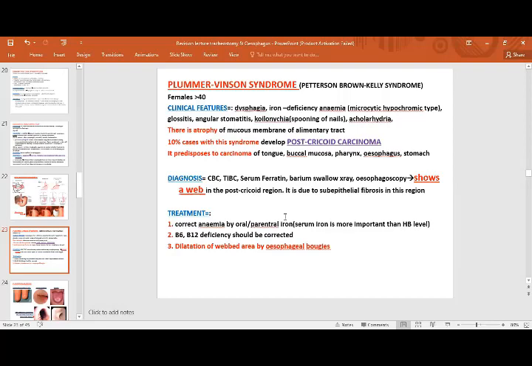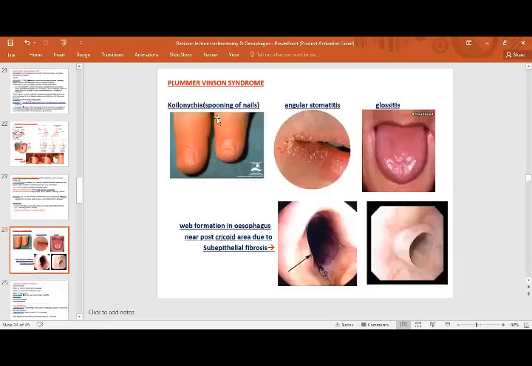Whenever you get a scenario-based question, you will definitely get the classical picture of this. These are the clinical features: koilonychia, spooning of the nails, angular stomatitis, and glossitis, as you can see over here.